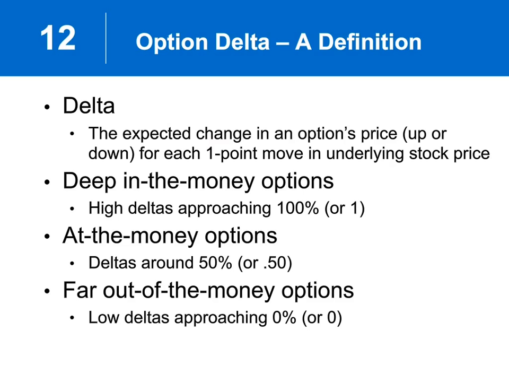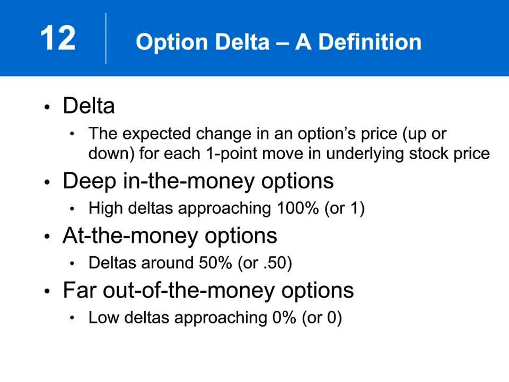And then the out-of-the-money calls can be anywhere, by definition, below 50 delta, so anywhere between 0 and 49. If you've got a 45 delta option, you've got an option that's very close to the money. If you've got an option with a delta of 5, 10, 15, or 20, right off the bat that option's well out of the money, whether it's a call or a put.